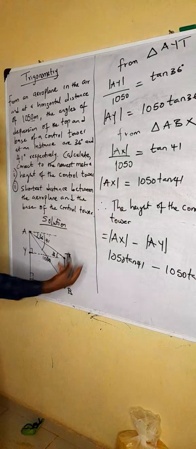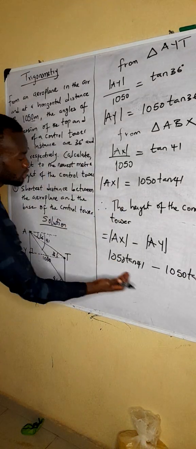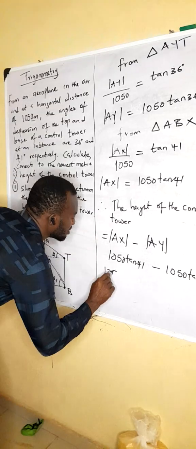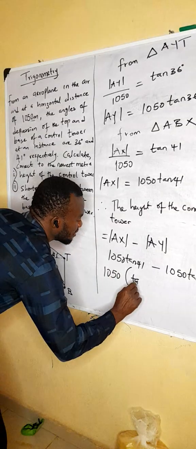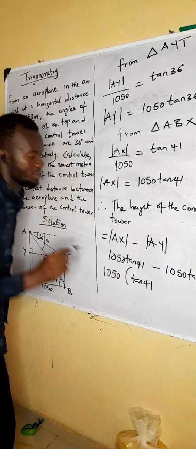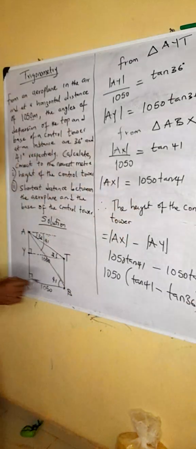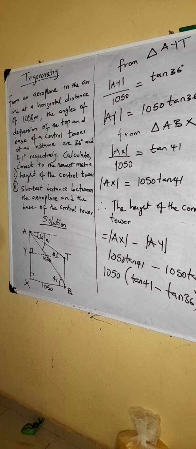If you observe, 1050 is in both terms of this expression, so you can just factor out 1050 and then you have tan 41 minus tan 36. So let me get my calculator, please.